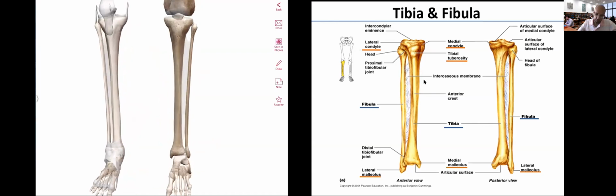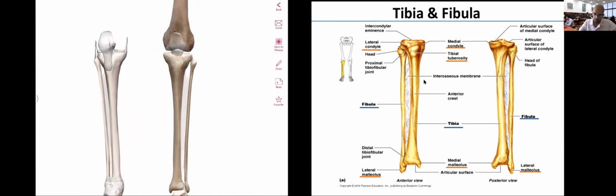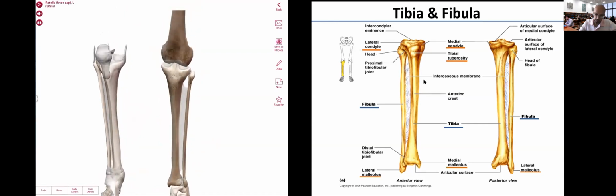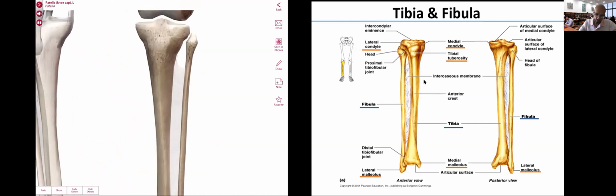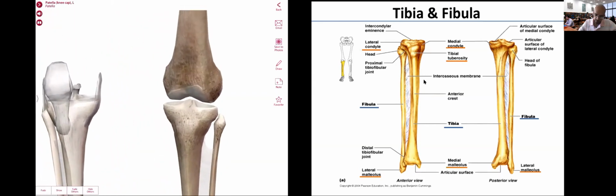Moving on here to the different parts of the tibia that we need to remember. If we are looking closer on here, we can see it has two concave elliptic shaped articular surfaces.